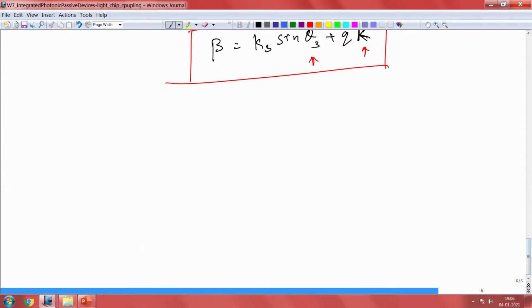That is all you have to do when it comes to coupling light between the input wave and the waveguide mode. That is something that is relatively straightforward to do.